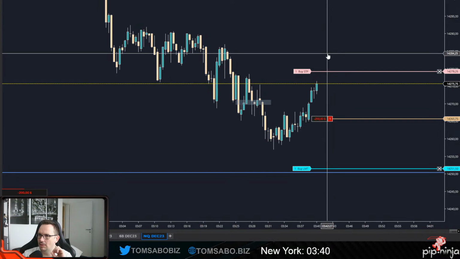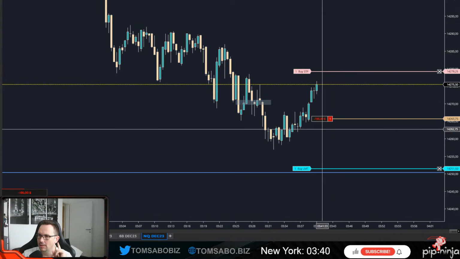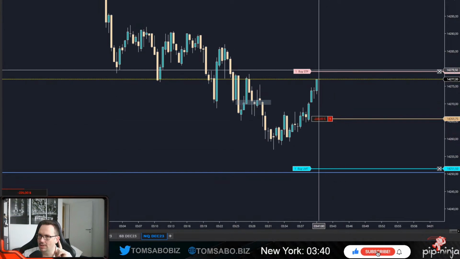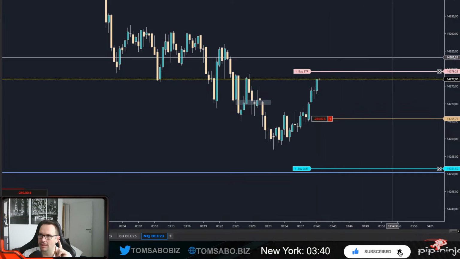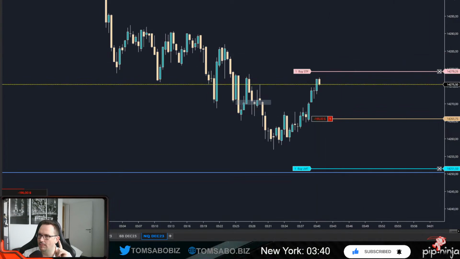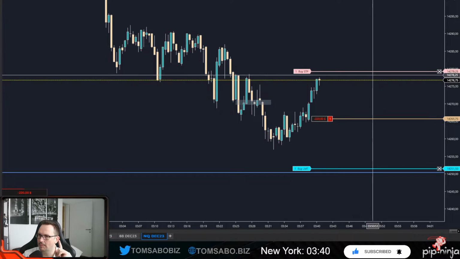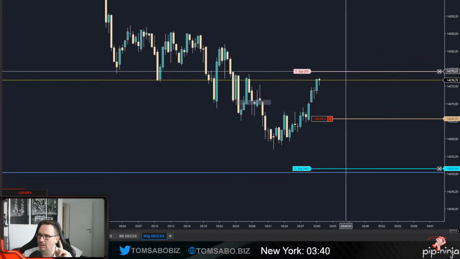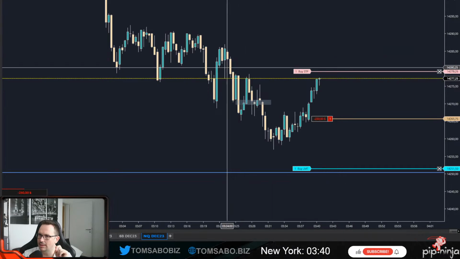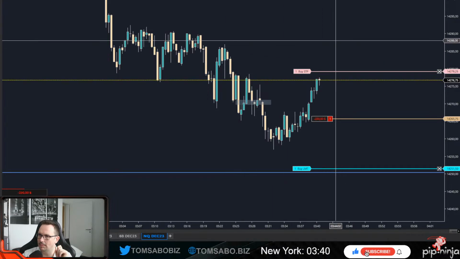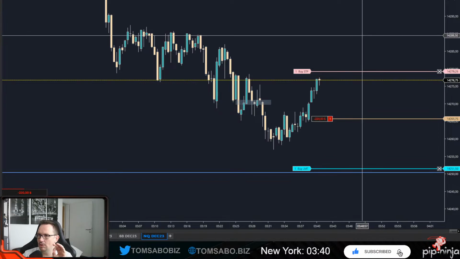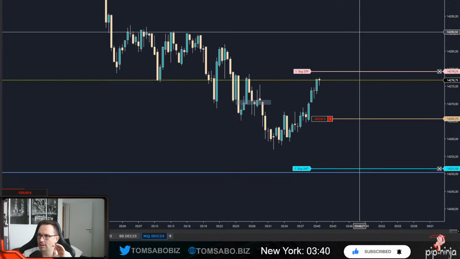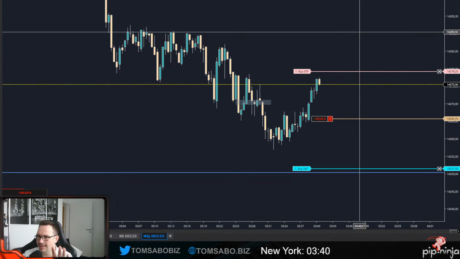Yeah, it's gonna take me out, unfortunately. But it's still only 10 handles. It's gonna go into that imbalance, so I might close it earlier. Yeah, it's gonna take out that stop because it wants to take this liquidity up there. We might go into another short again. I'm just gonna leave it for now. If it takes it out, it takes it out.